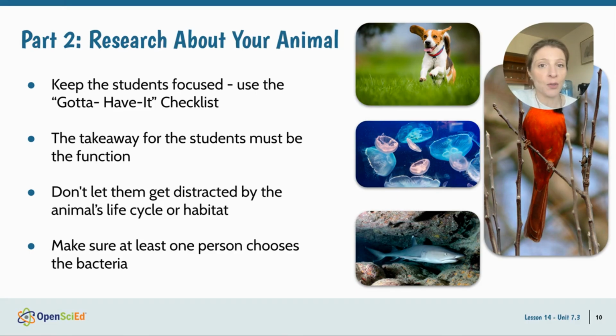The takeaway for students must be the function. Does the animal take in food? Does it use oxygen? Tell them they have 15 minutes to find their evidence and really move on at that point in time. Have students use their checklist from lesson 13 as their primary data collection tool. It keeps them focused only on the evidence needed for the metabolic argument.